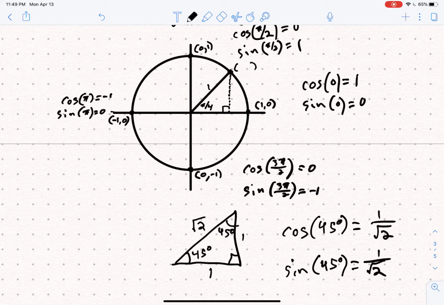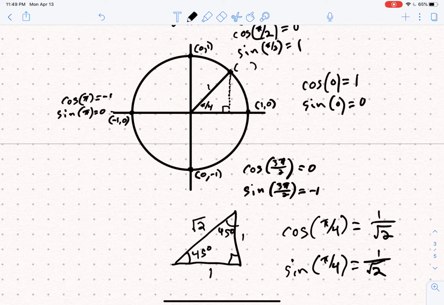So what do we have? Well, this has shown us the cosine and the sine of 45 degrees. Since we're working in radians, 45 degrees is the same as pi over 4 radians.